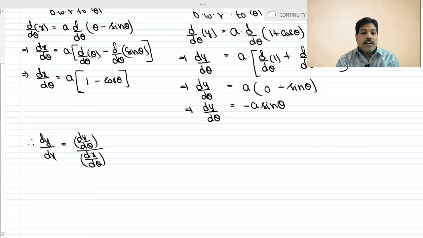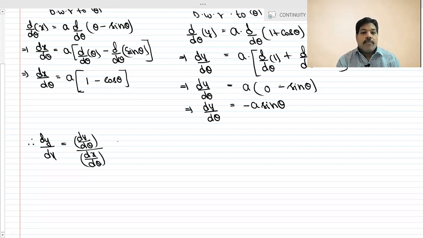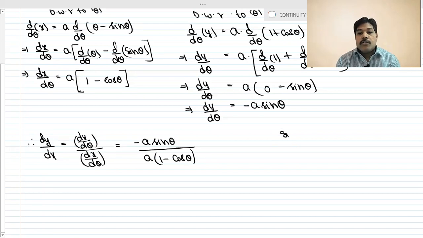That is minus a into sin theta by a into 1 minus cos theta. Here we have to apply some formulas. What are they? The sin 2 theta formula.